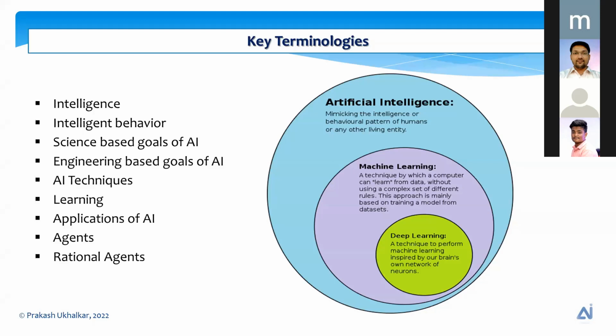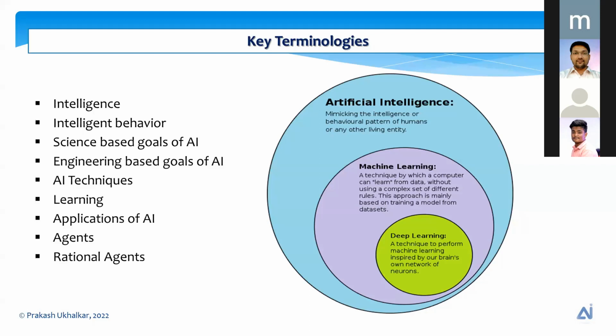Then what are the science-based goals? There are scientists, there are engineers, there are many other disciplines working on AI. So what could be the possible science-based goals of AI? Basically, science-based goals of AI are to develop concepts or mechanisms or some understanding of biological intelligent behavior.